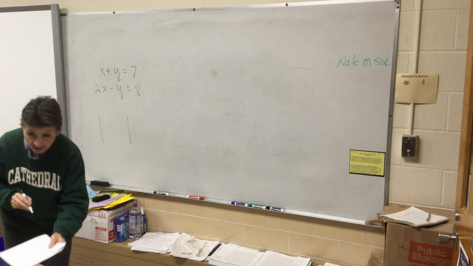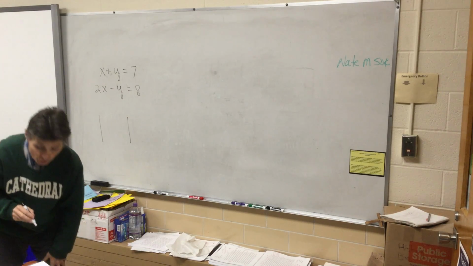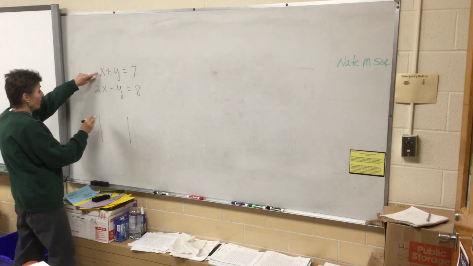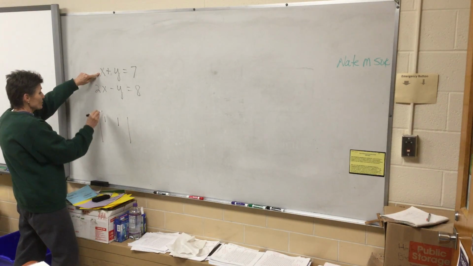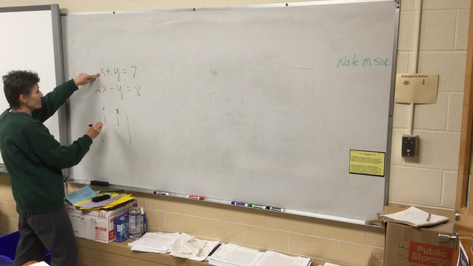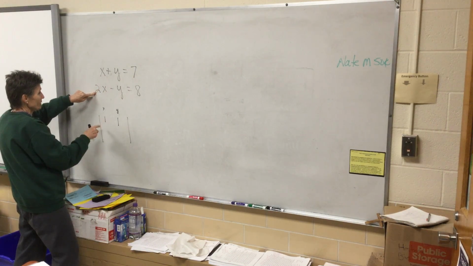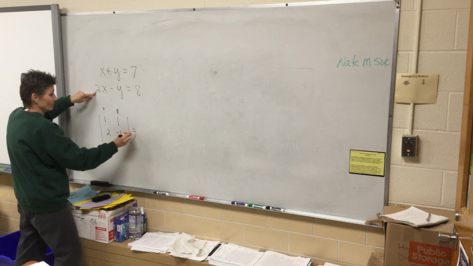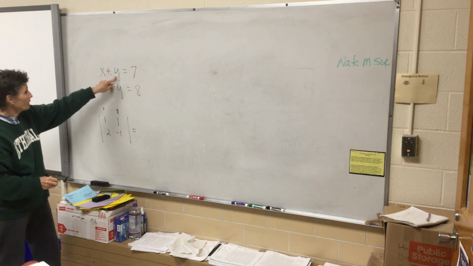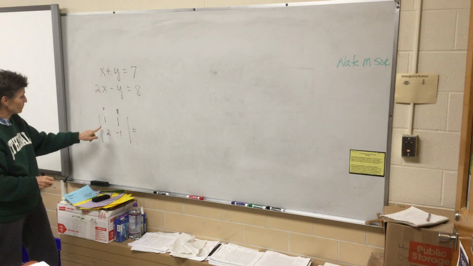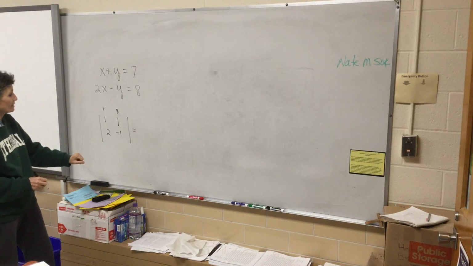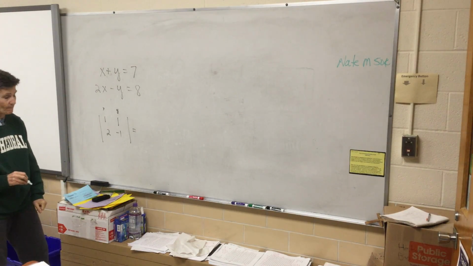And our denominator is going to be the determinant of the coefficients. So here are my x's, here are my y's. So I have 1 and 1 and 2 and negative 1. Those are my coefficients, and that's what I start with.